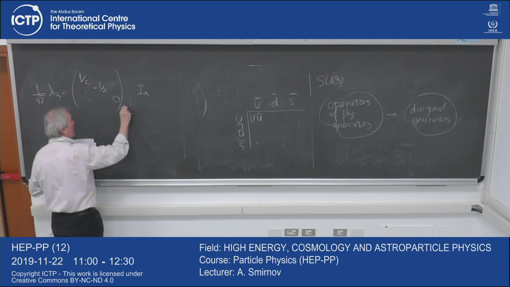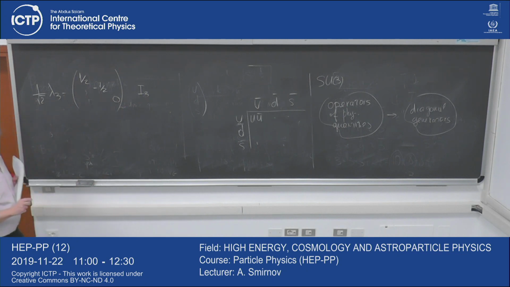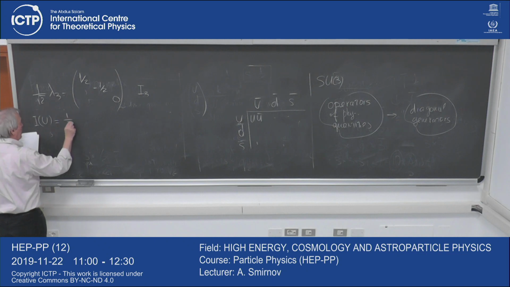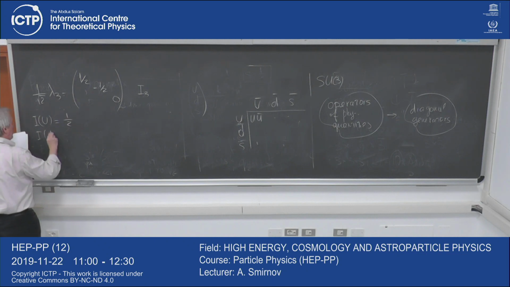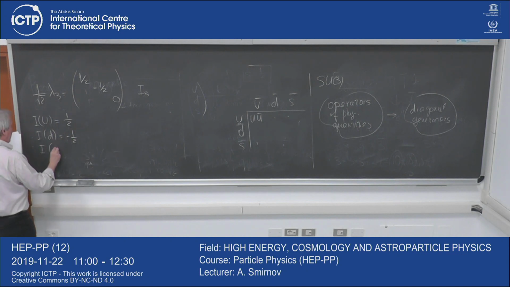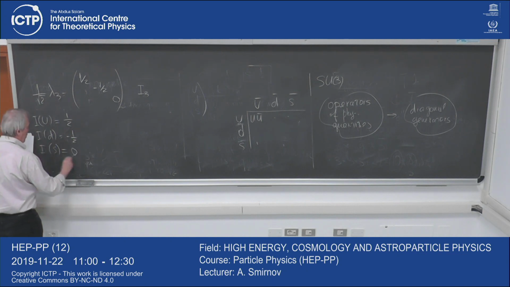So this will be the operator of the third projection of the isospin. We already had this assignment when we discussed proton and neutron. So according to this, the isospin of the u quark should be 1/2, the isospin of the d quark should be minus 1/2, and then the isospin of s should be 0.